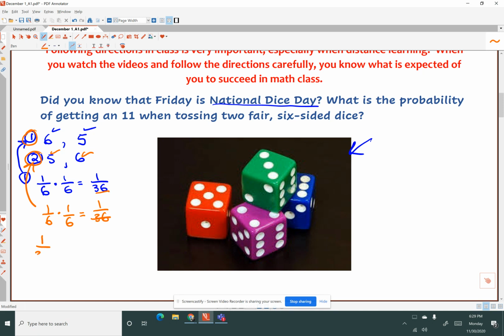So 1 over 36 plus 1 over 36 equals 2 over 36, which reduces to 1 over 18. So what's the probability of getting an 11 when you toss two fair six-sided dice? It's 1 out of 18.